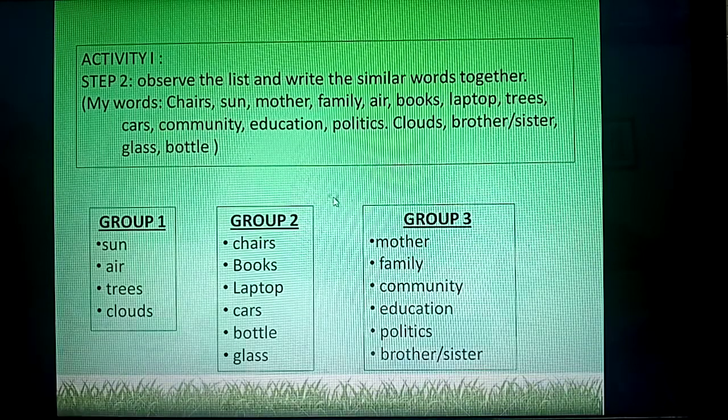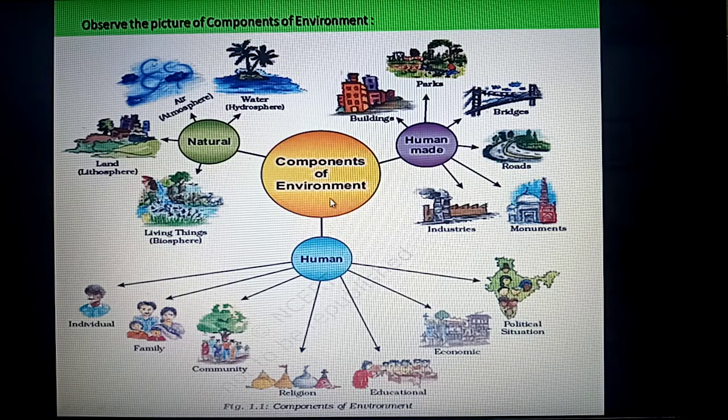Now, here is figure 1.1 from our book. It tells us about the components of environment. See the first part on the left side. This is natural environment. It is divided into 4 parts.